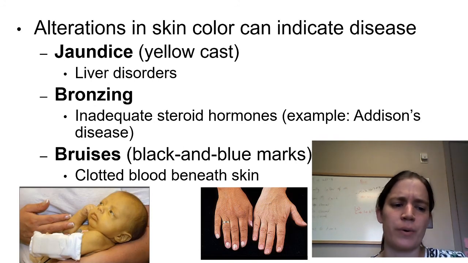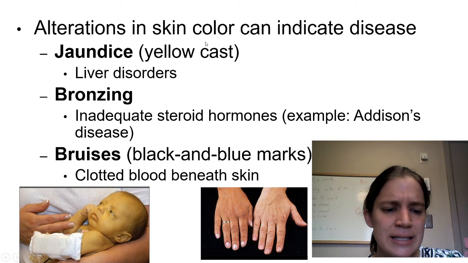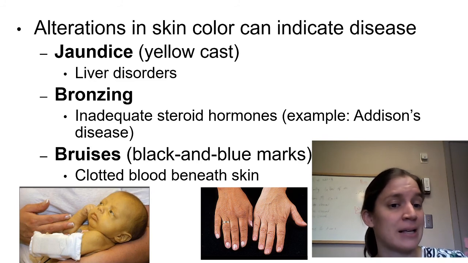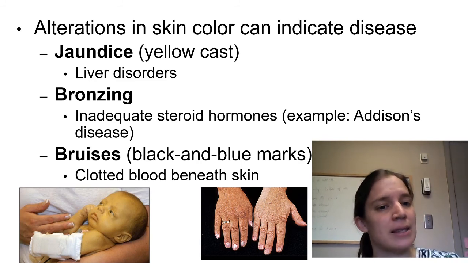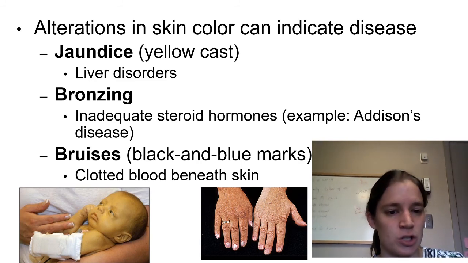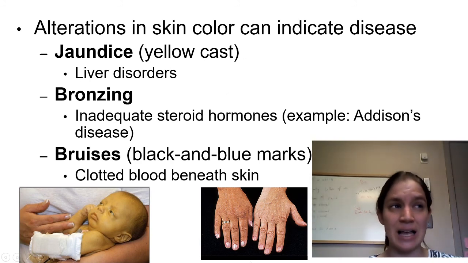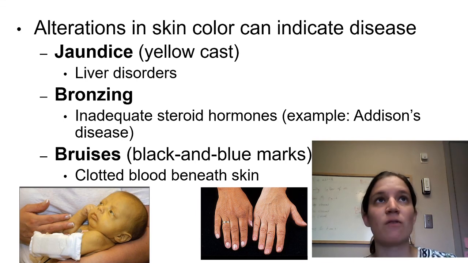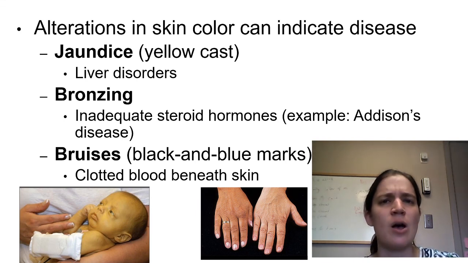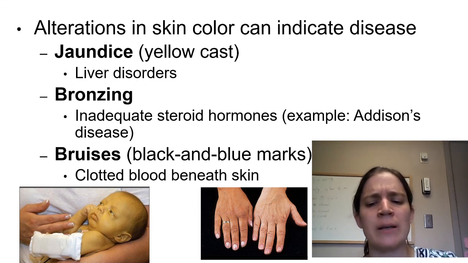Also, we'll get to this more when we talk about liver. Jaundice is when skin shows up a little bit yellowish, or very yellowish. It's a problem because of a buildup of a pigment that happens because of liver concerns. Bronzing can also happen. This one's subtle to notice. I mean, the individuals experiencing it notice it, but for other people it takes a little bit more typically.